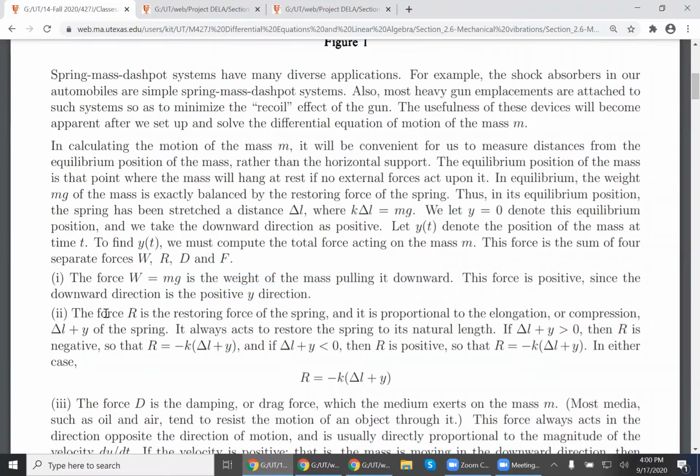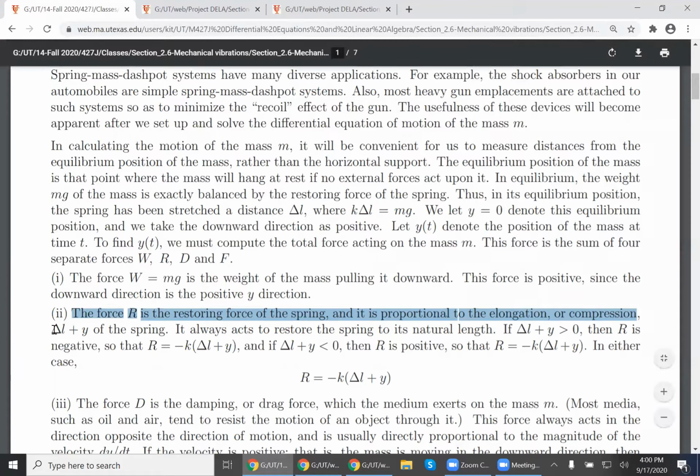Number 2, the force R is the restoring force of the spring, and it is proportional to the elongation or compression, which is delta L plus y. One can show that no matter whether delta L plus y is positive or negative, R is equal to negative K times delta L plus y.